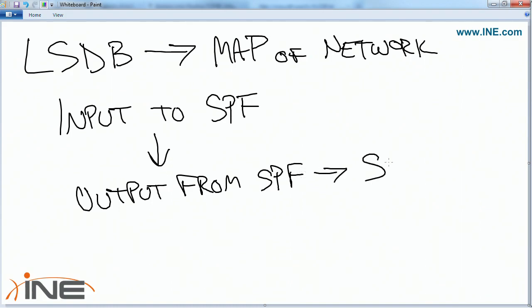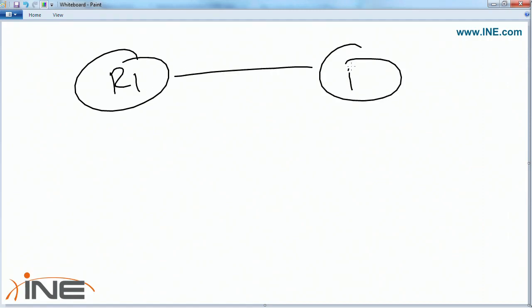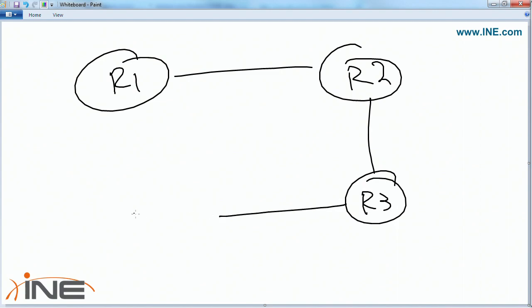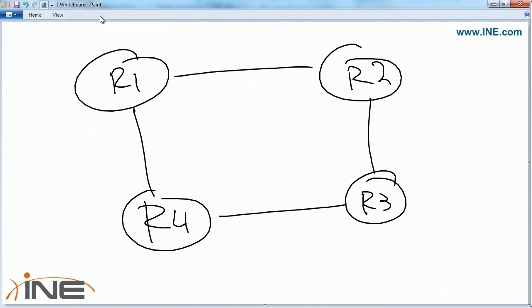is the SPT, the shortest path tree, where the idea behind this is that the overall map of the network might look like this. Router 1 to 2 to 3 to 4. So this is the map of the network. But now we have to figure out how are we actually going to send the traffic.